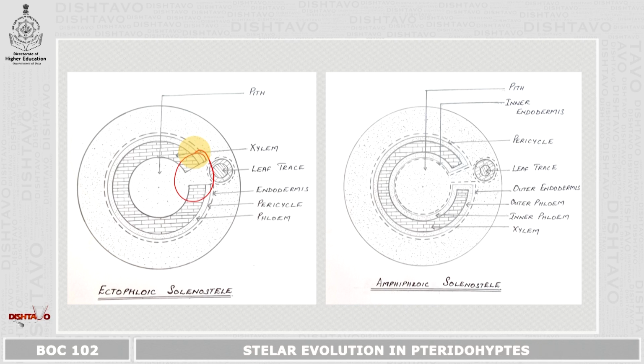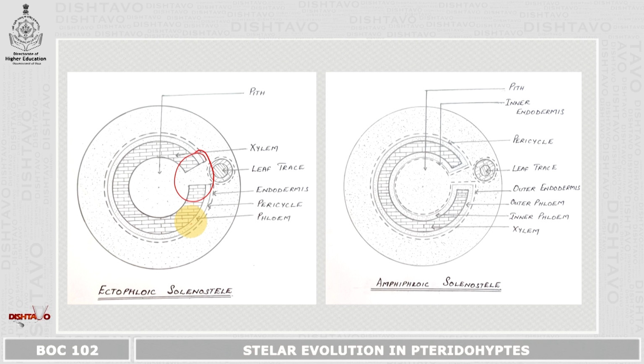So, just like ectophloic siphonostele, you have the xylem and you have the phloem, just one patch or one circle of phloem, but the stele is discontinuous because you have a perforation at the leaf trace.